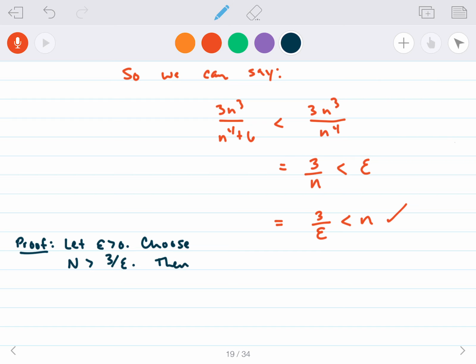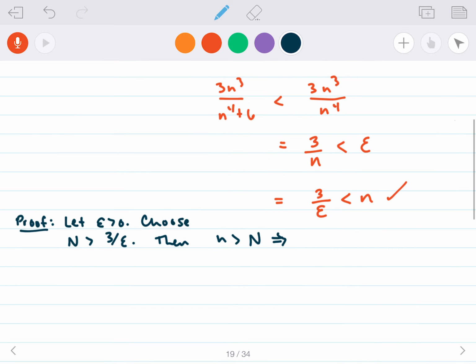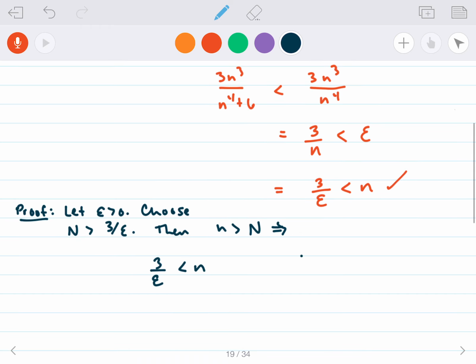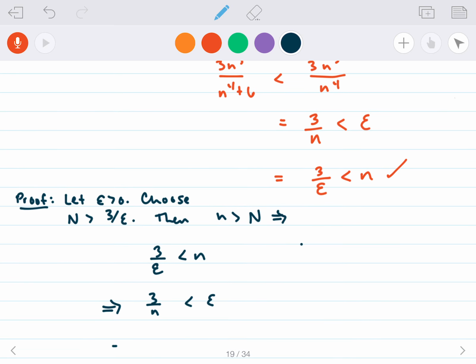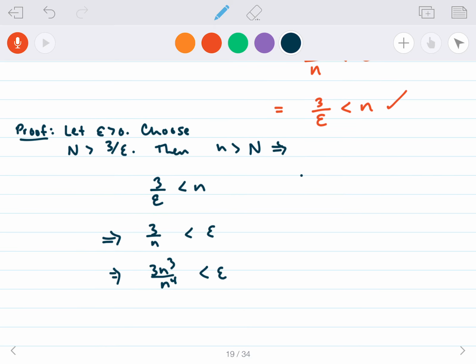Then, n bigger than capital N implies the following. 3 over epsilon smaller than n. I'm just working backwards. So this equals 3n cubed over n to the 4th, smaller than epsilon. I'll just do my implies arrows.